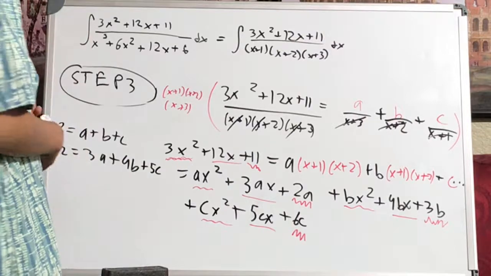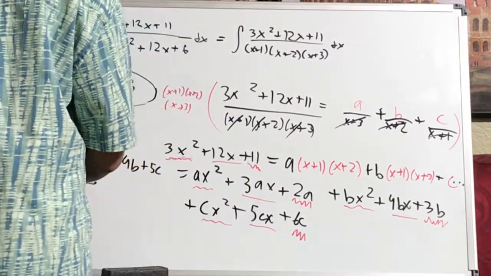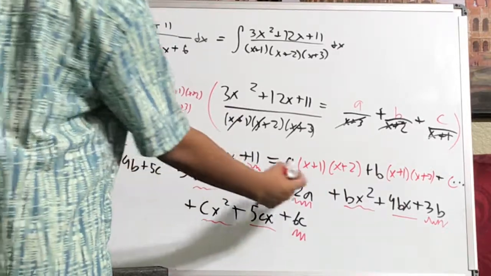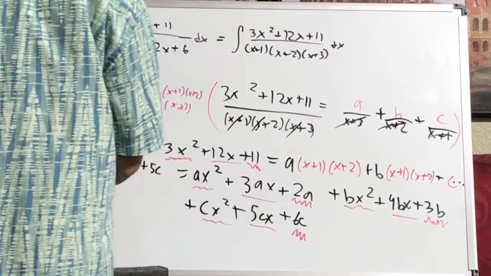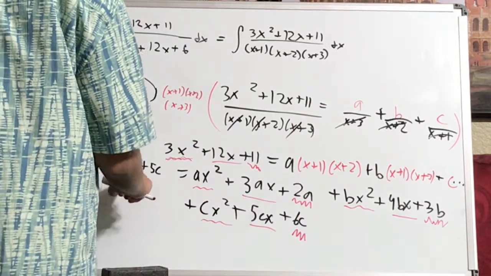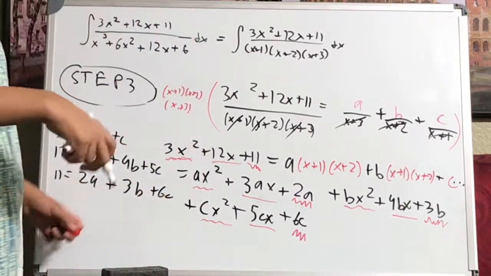Not bad. 3, 4, 5. Okay. And 11 is equal to 2a plus 3b plus 6c. 2a plus 3b plus 6c.